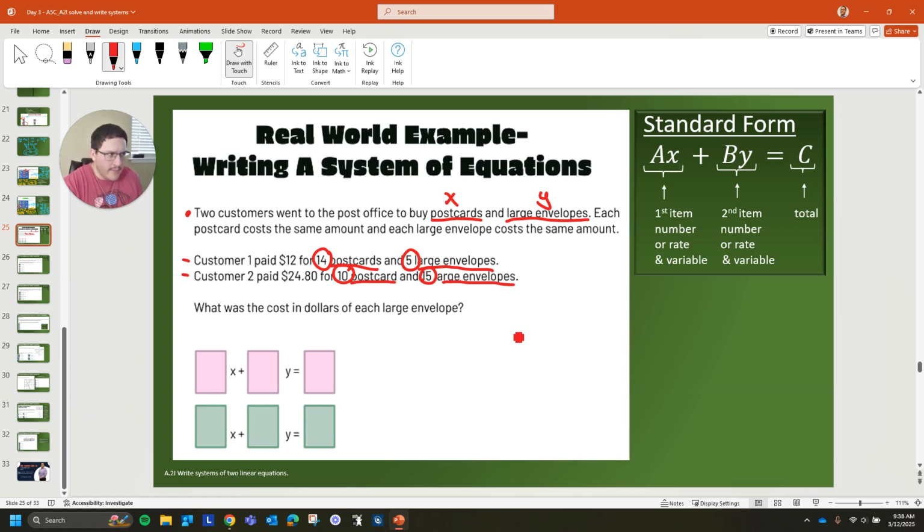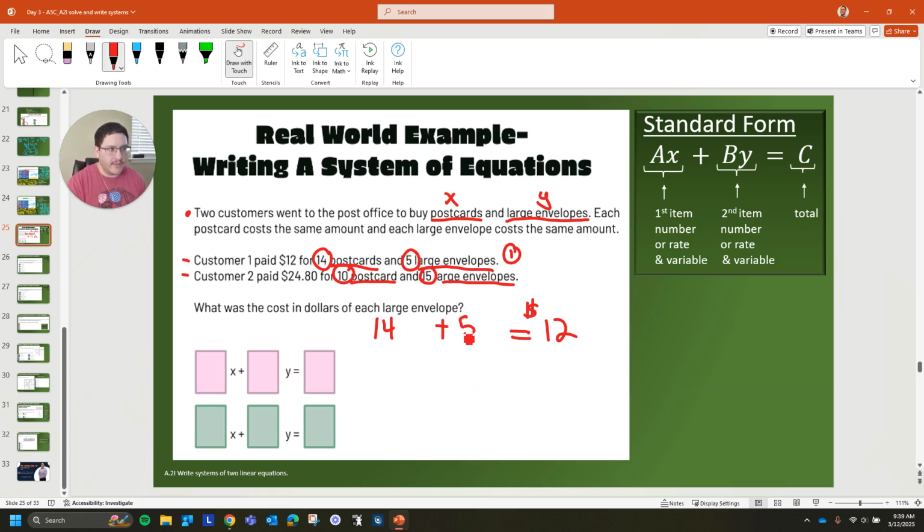So whatever he bought, we'll call this equation 1, it totaled $12. Now, what did he buy? He bought 14 postcards and 5 large envelopes.